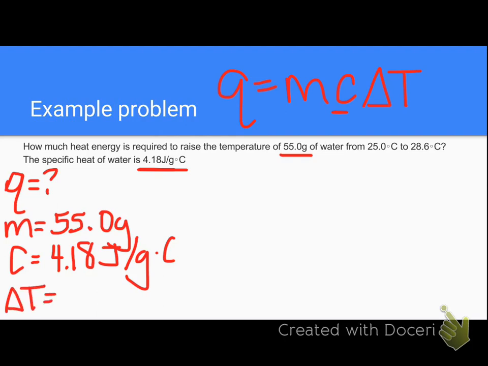We do have two temperatures, 25 and 28.6. So we're looking for the change. How much did my temperature change? My temperature changed by 3.6 degrees. I got that by taking my 28.6 and subtracting 25, and that gives me 3.6 degrees Celsius.